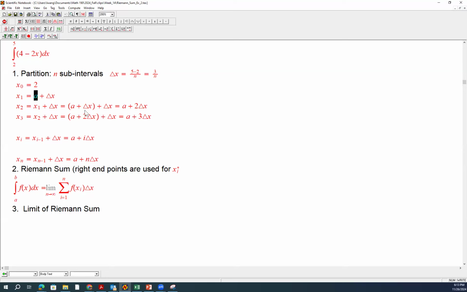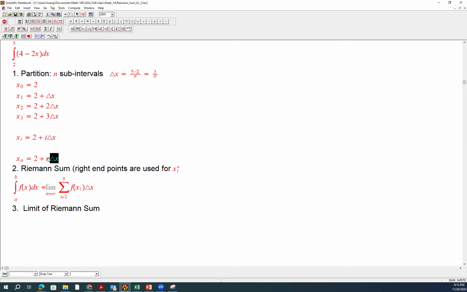And A is 2, so we just plug in. We have derived these formulas multiple times, so this is the time we can just use them. All the A's are 2, plus i times delta x.